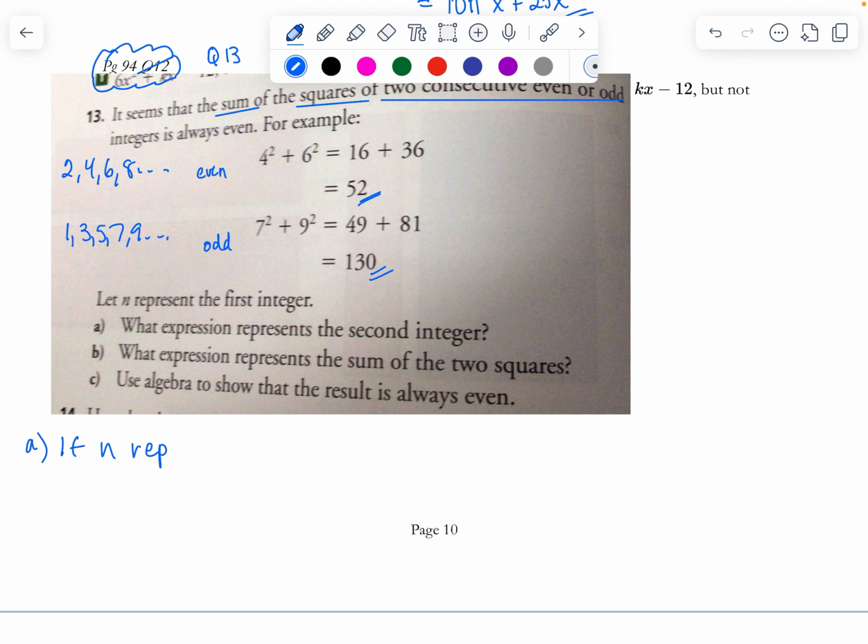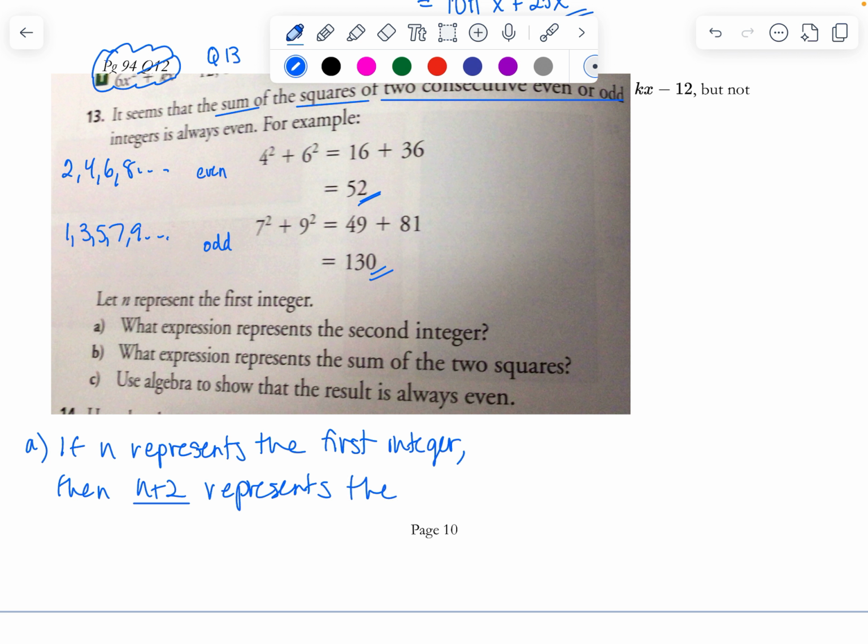Well, if n represents the first integer, for example 4, then n plus 2 has to represent the second integer because it's 2 away. So 7 plus 2 is 9, 4 plus 2 is 6.